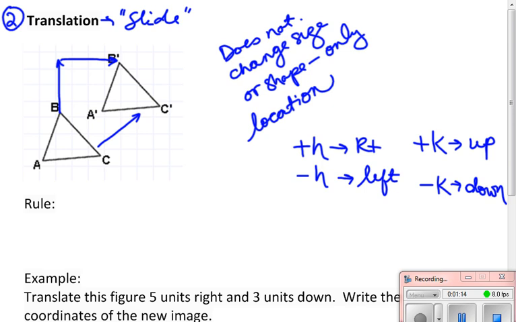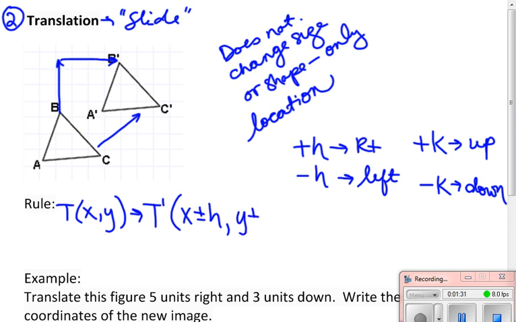Our general rule for any translation is you take your original and T prime will become x plus or minus h, how much I'm going to go left or right, y plus or minus k, how much I'm going to go up or down.